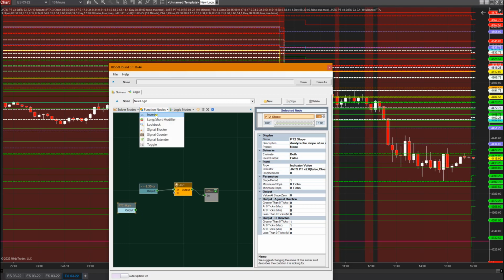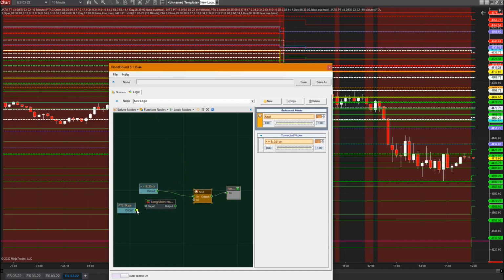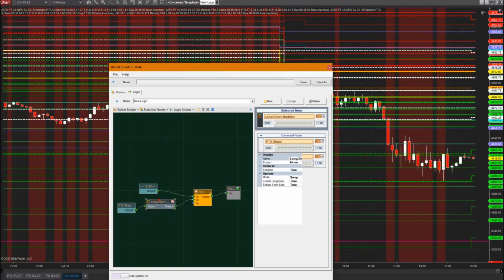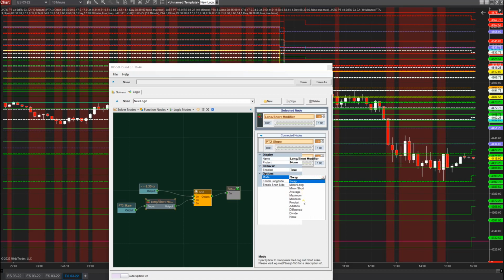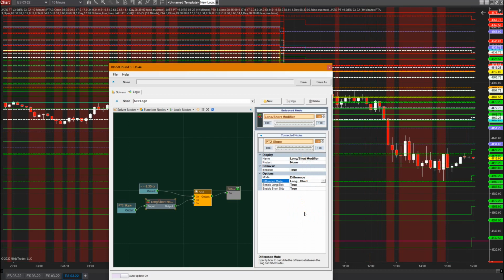And then long short modifier, and you want to say long difference, long short. So now, just save this real quick.